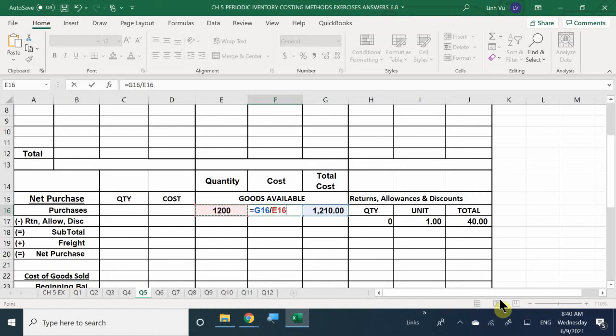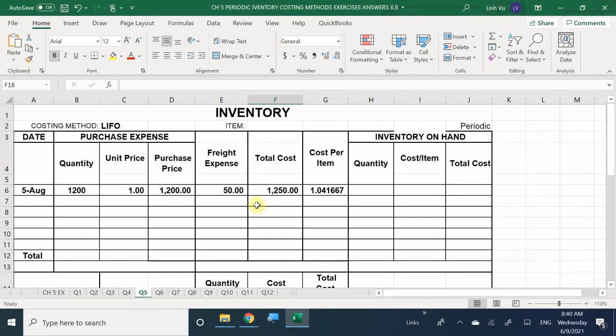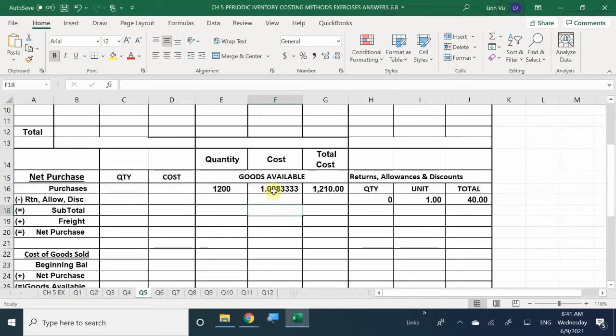And what do we get? I got 1.008333. So this one is significantly less. So that's my first batch there.